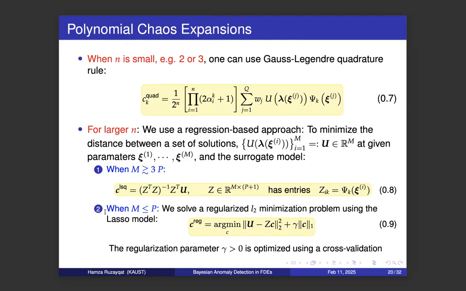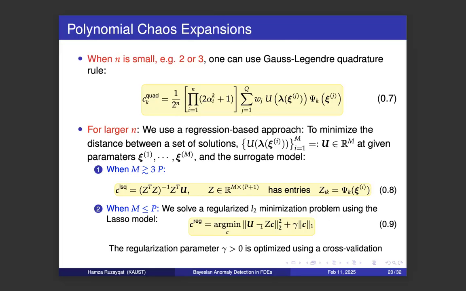However, when p is large, solving the model for m equal 3p takes several days. And so we might actually have m around p or smaller than p, and then solve a regularized L2 minimization problem.